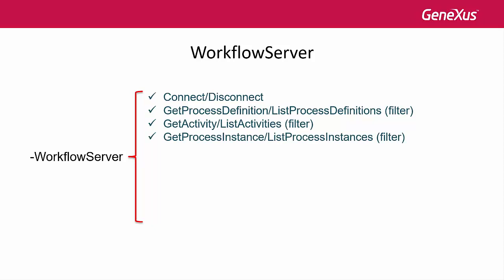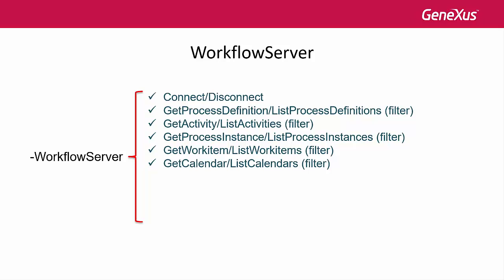List all instances or executions of workflow processes using some filters, or getting access to a single one using its ID. List all work items that define those instances, or get access to a single one using its ID. Get access to all calendars defined in a server with its holiday and workday definition, as well as getting access to a single one if we know its ID or name.